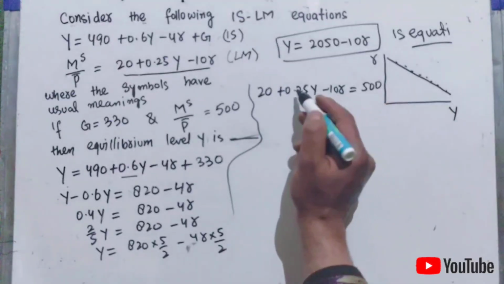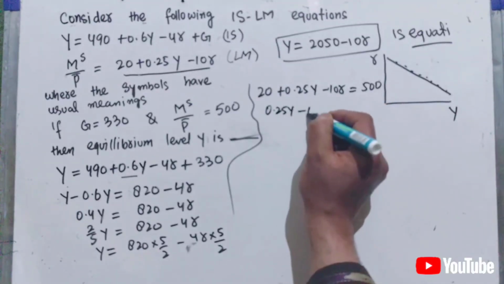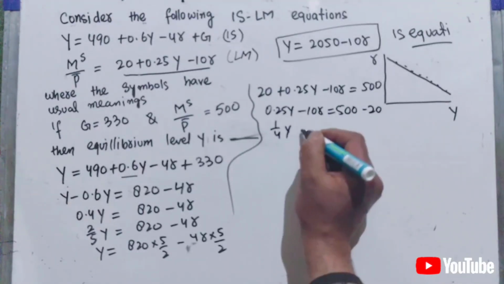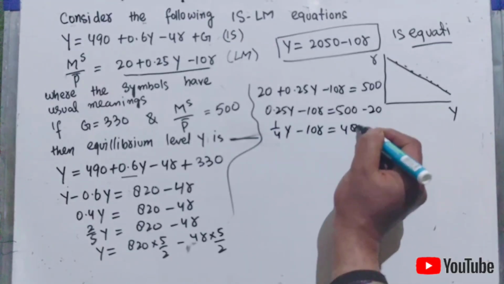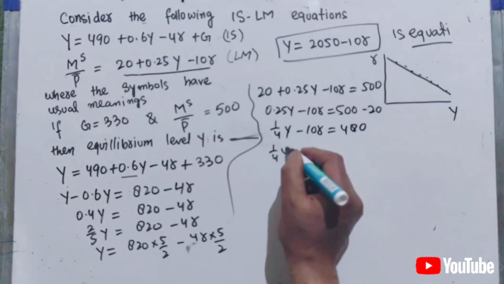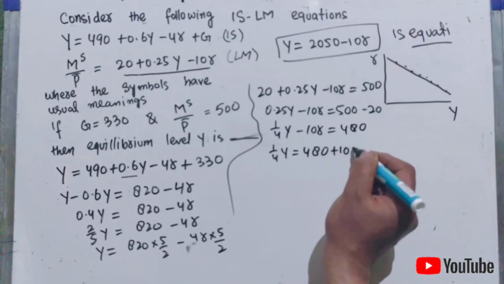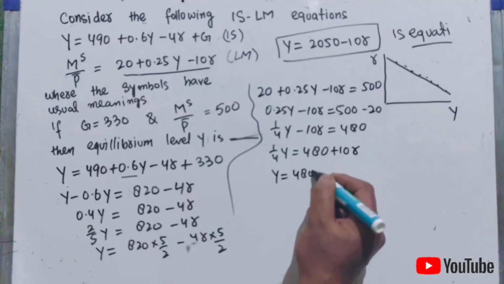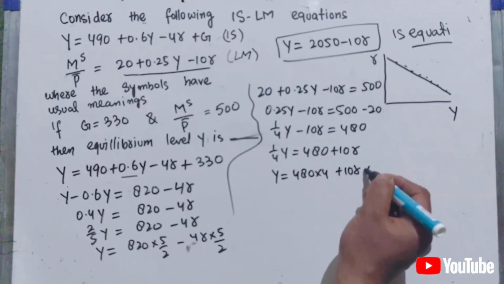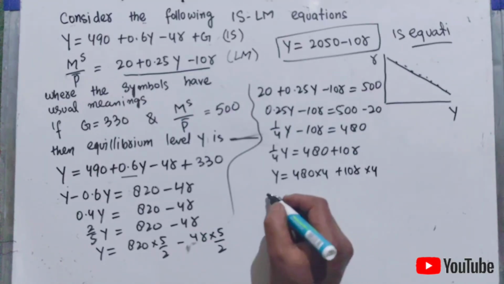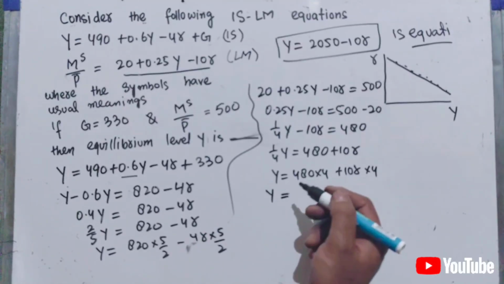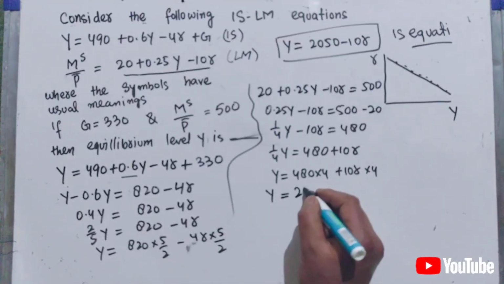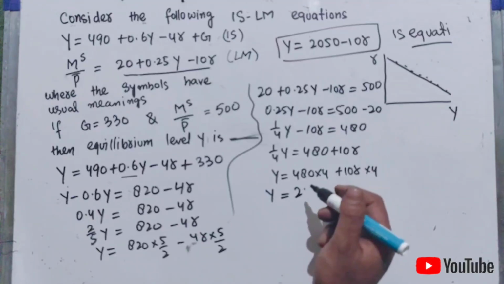So we have 0.25y minus 10r is equal to 500 minus 20. So this is 1 upon 4 y minus 10r is equal to 480, or 1 upon 4 y is equal to 480 plus 10r, or y will be equal to 480 into 4 plus 10r into 4.